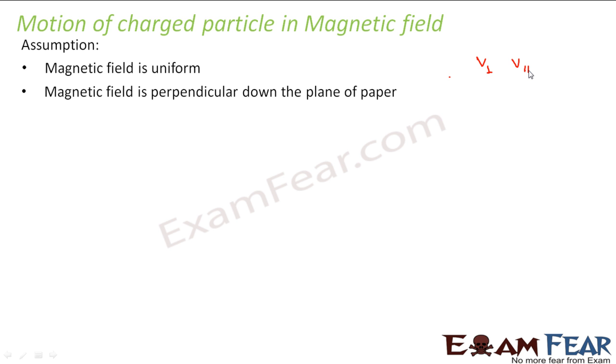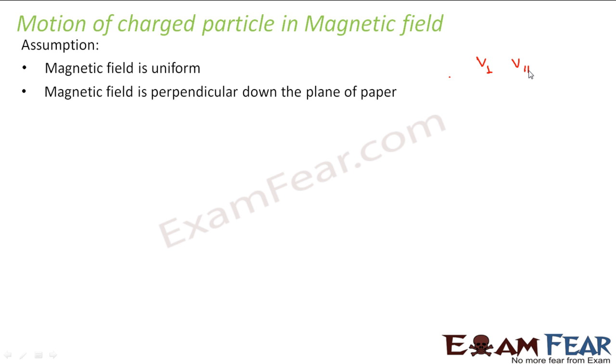So as soon as the particle enters the magnetic field, it has some velocity v with respect to the magnetic field, with a parallel component and a perpendicular component. We will consider the motion of the particle first due to the perpendicular component, then due to the parallel component, and then join both of them to see how the overall motion of the particle will be.